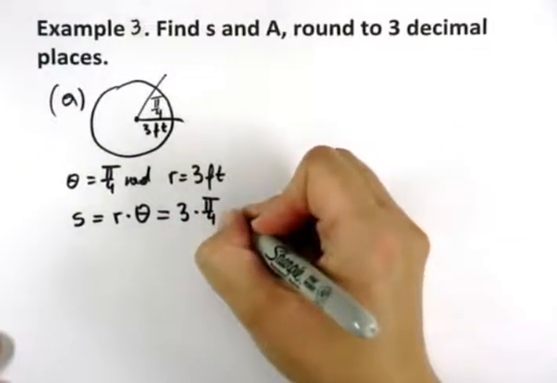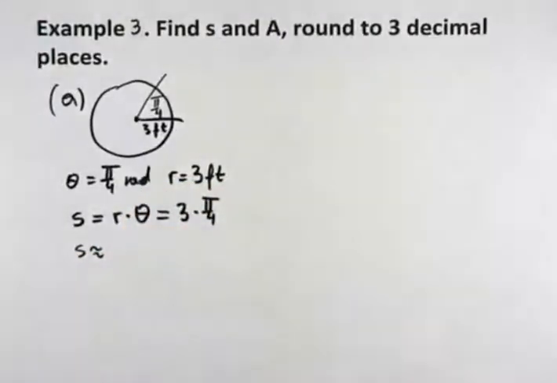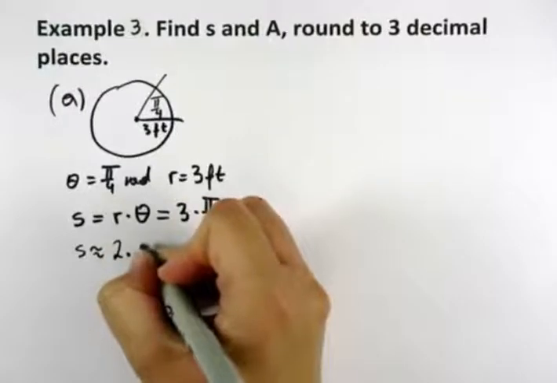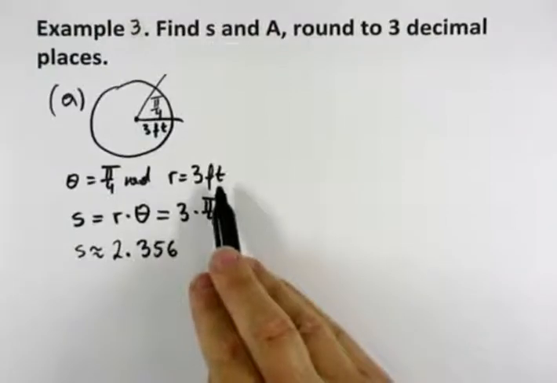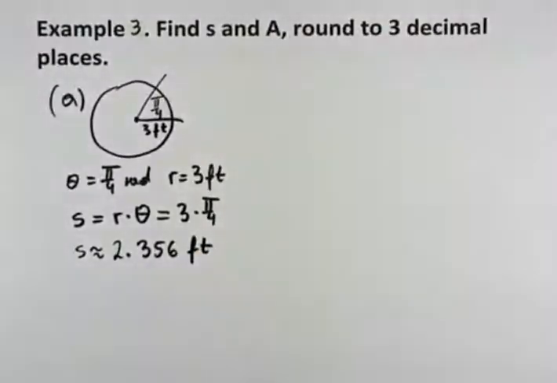They ask us to round to 3 decimal places, so use your calculator, and we have that the arc length is 2.356, and the unit is the same as the radius, feet. Arc length is 2.356 feet.